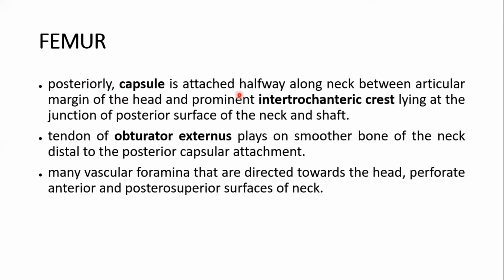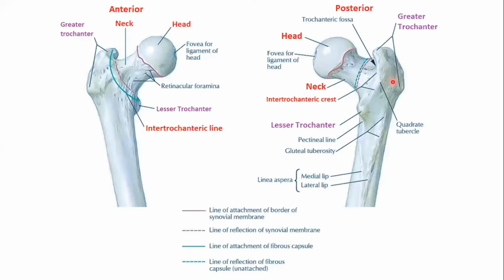Posteriorly, the capsule is attached halfway along the neck between the articular margin of the head and the prominent intertrochanteric crest, lying at the junction of the posterior surface of the neck and shaft. You could see this is the posterior aspect, and this is the attachment of the capsule, right? You could see this line of attachment of the fibrous capsule, lying over here, halfway between the head and the intertrochanteric crest.